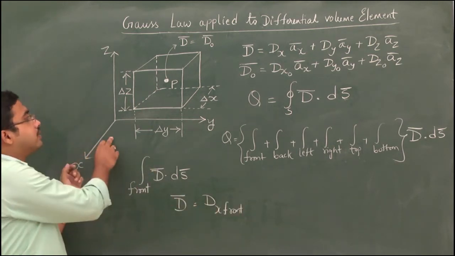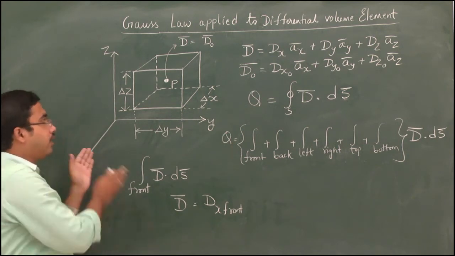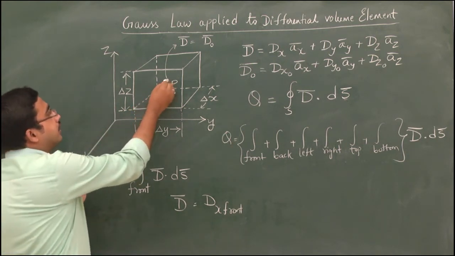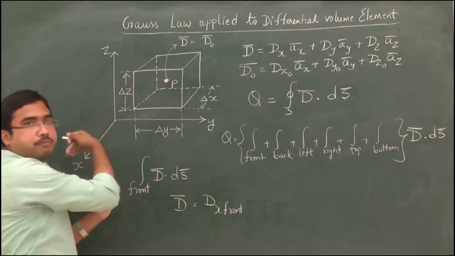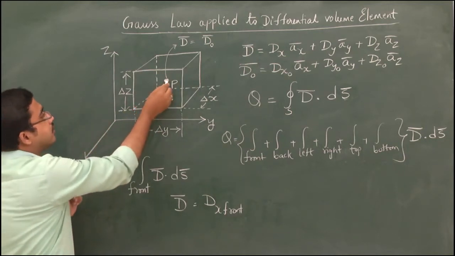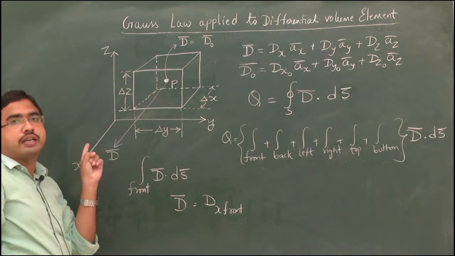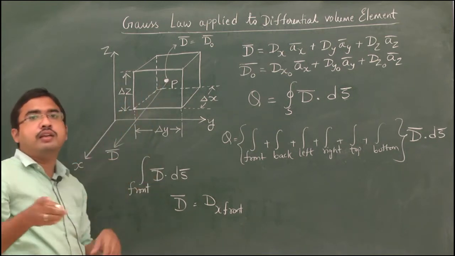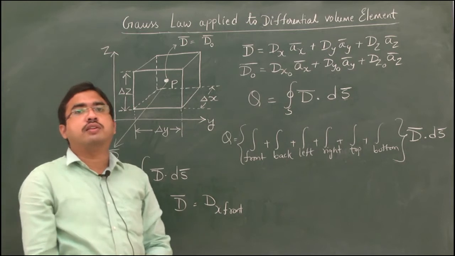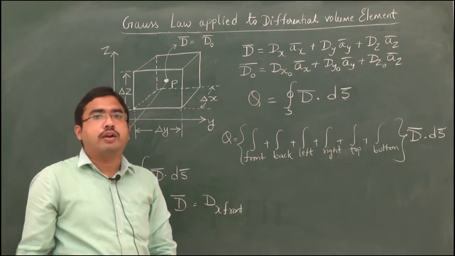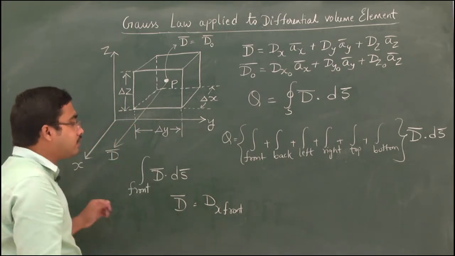The unit vector in this direction is ax, because here D bar is acting perpendicular to the front side. Always D bar will be perpendicular to the Gaussian surface that you are taking, according to our assumption in our previous classes.